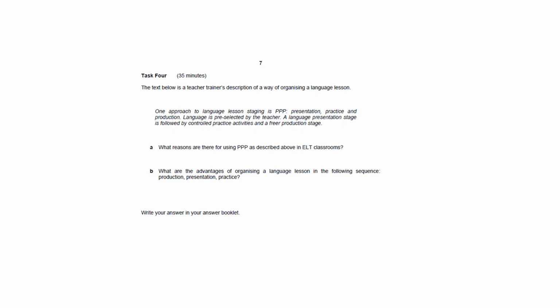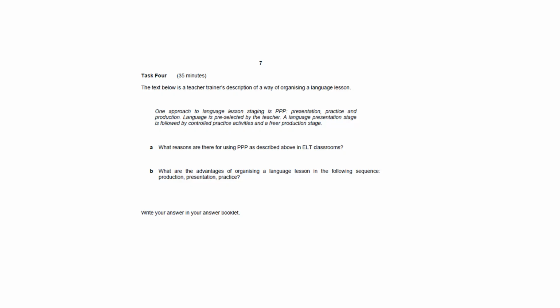So especially this has a lot of advantages, especially for revising the language we have already covered. And then it makes the language more relevant, authentic, more personalized, because teachers need to test what the students have already learned, and then they only need to teach what they don't know.